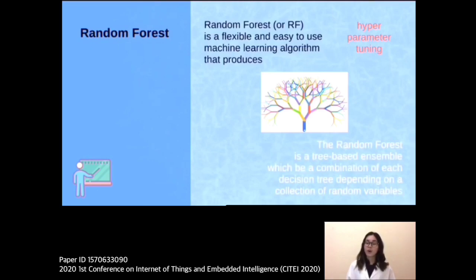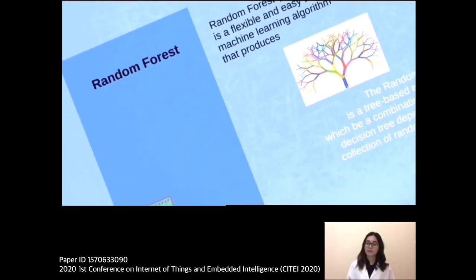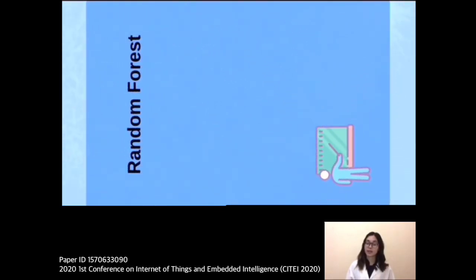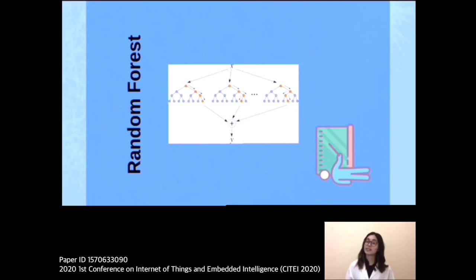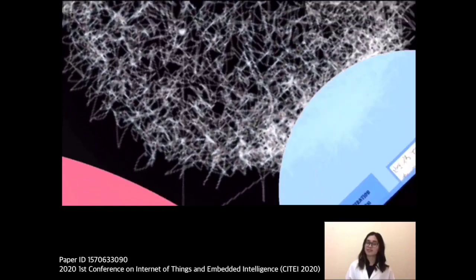Random forest is a tree-based ensemble, a combination of decision trees depending on a collection of random variables. The decision tree is a flowchart-shaped structure. For n-dimensional, the random vector X represents the predictor variables, and a random variable Y represents the real-valued response.